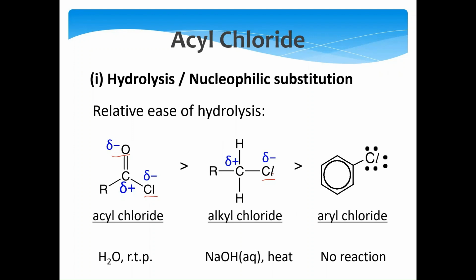As for aryl chloride, there is a partial double bond character of the C-Cl bond here. Please recall this from your halogen derivative topic. Partial double bond character, as the lone pair of electrons on Cl can delocalize into the benzene ring. So this C-Cl bond is strong, and therefore aryl chloride will not undergo hydrolysis or nucleophilic substitution.